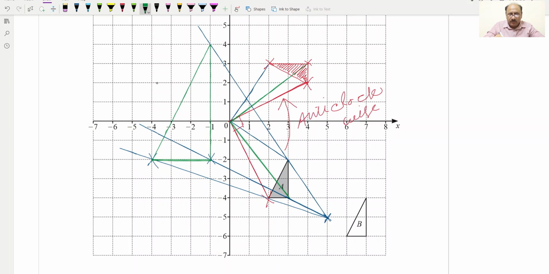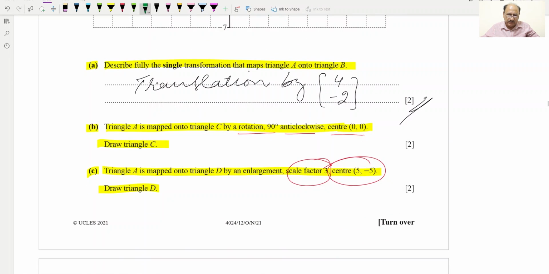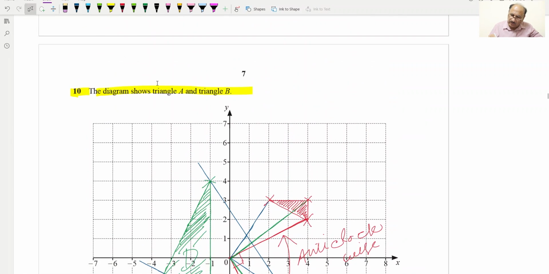And the third line of the triangle also we have drawn, and this is the triangle which I'm shading for your explanation. You need not shade, and this is basically the D triangle. You can write here D, which is the triangle they are asking for. And the earlier one was C, so this one we can write here basically.